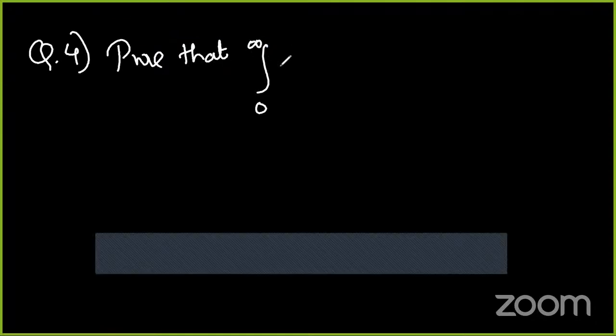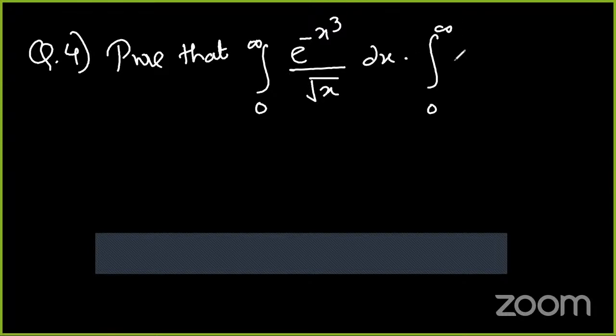So fourth one is, prove that 0 to infinity e raised to minus x cube divided by root x dx, times 0 to infinity y raised to 4 into y raised to minus 6 dy, is equal to 5 by 9.